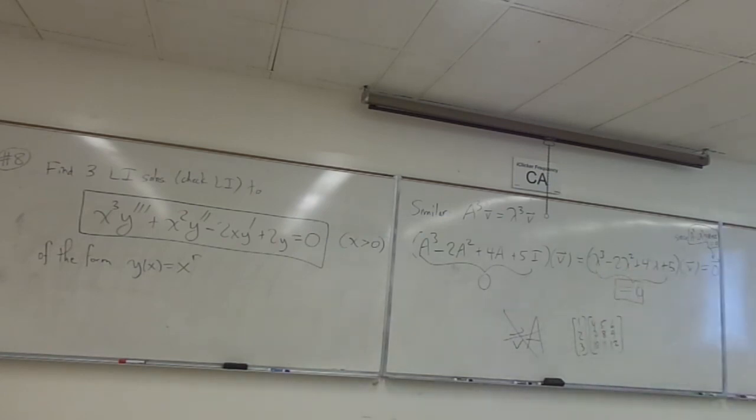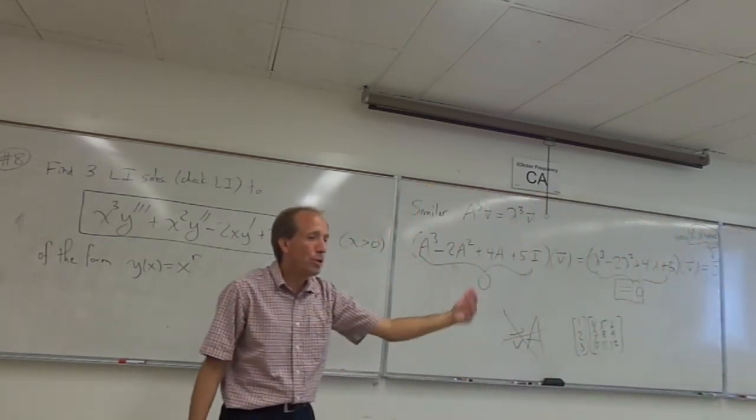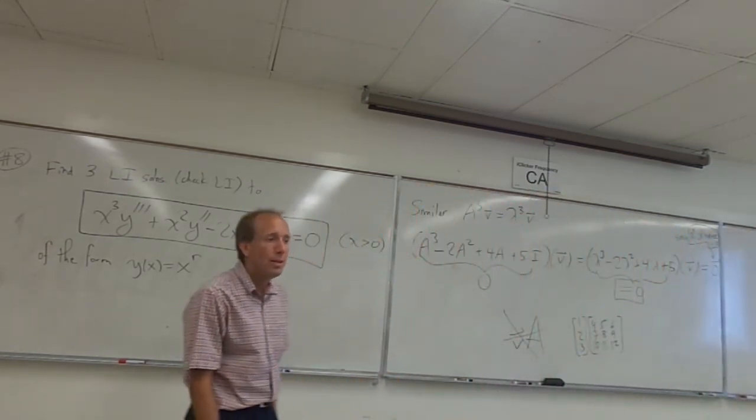And you're going to see a problem on the sample test from when I gave this exam last year, where I did the same thing. I basically gave people a differential equation that we had not looked at. So I didn't expect people to know the nuts and bolts details, but I still expected them to know the broad approach, which is to find linearly independent solutions and then build the general solution out of them.